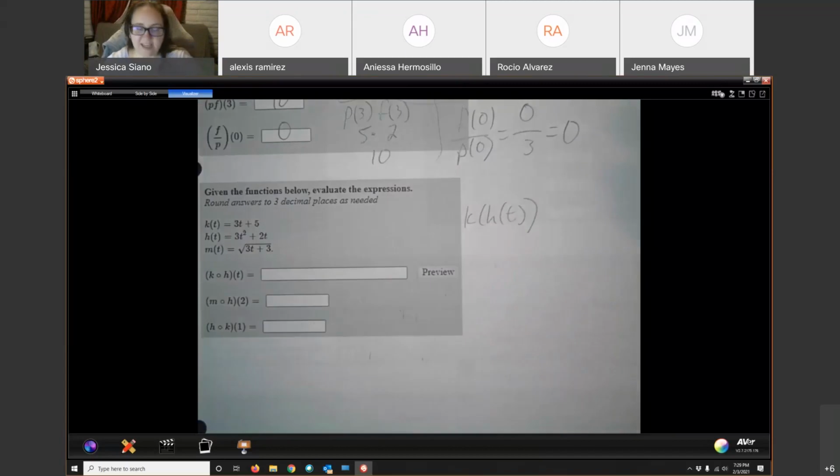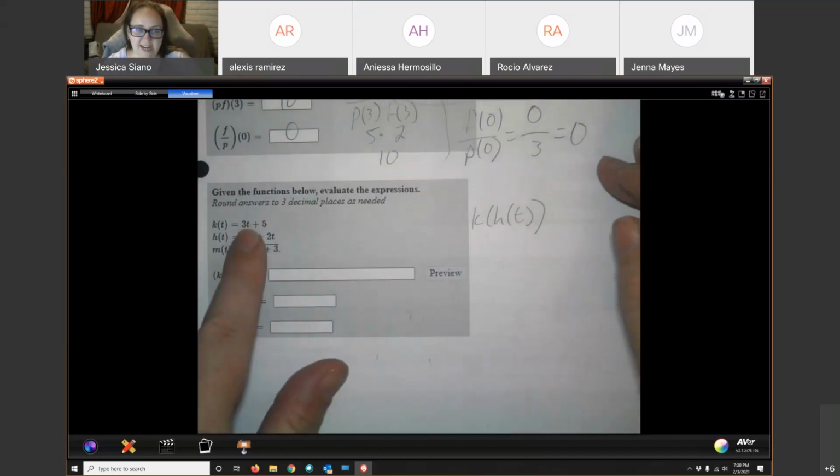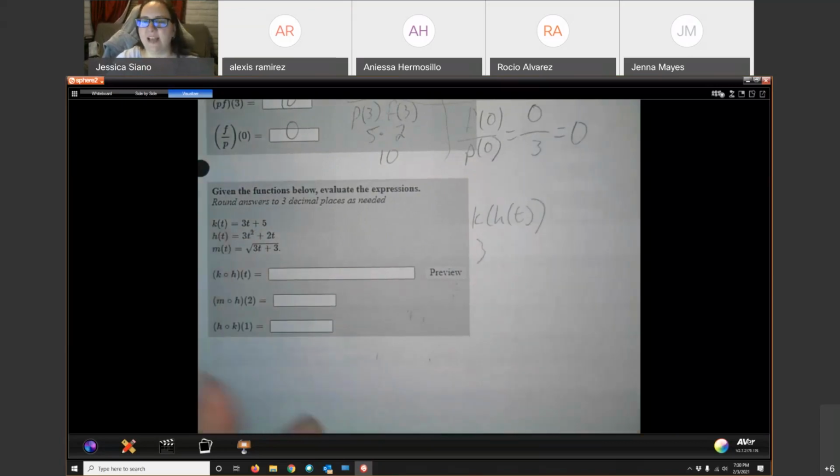When I'm trying to find k of h of t, I'm going to replace the t with h of t. So if k is 3t plus 5, and I was evaluating it at a number, like if I was asking you what is k of 10, you would say 3 times 10 plus 5.